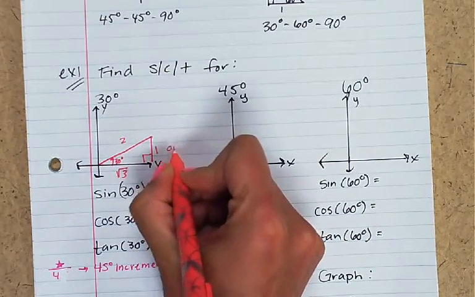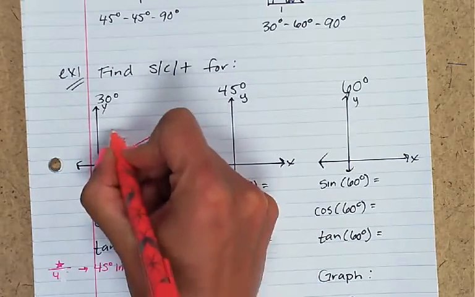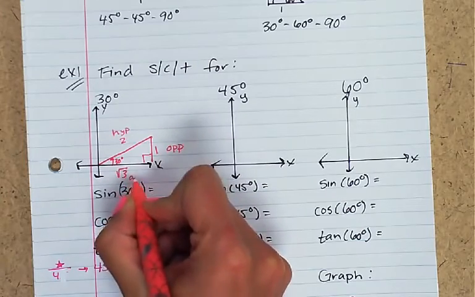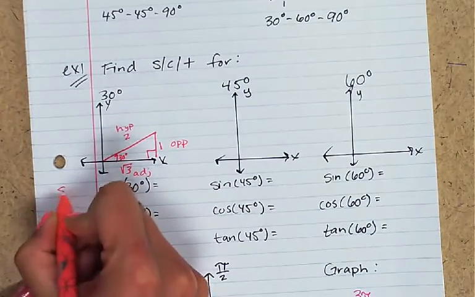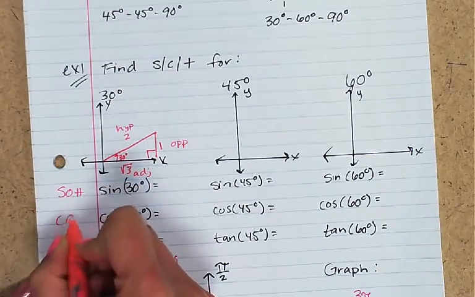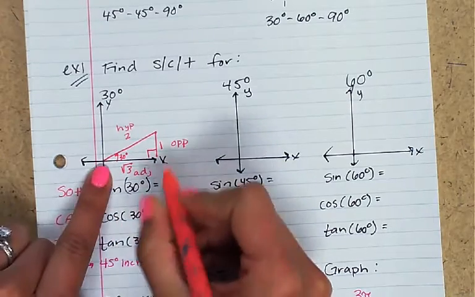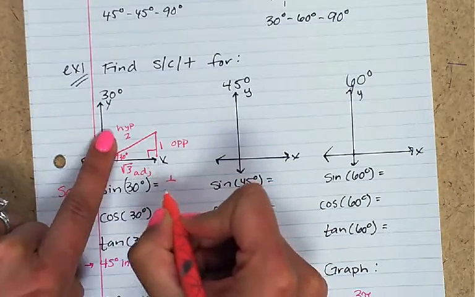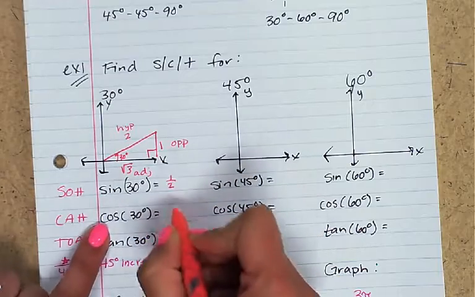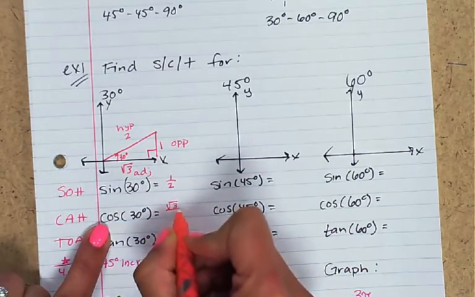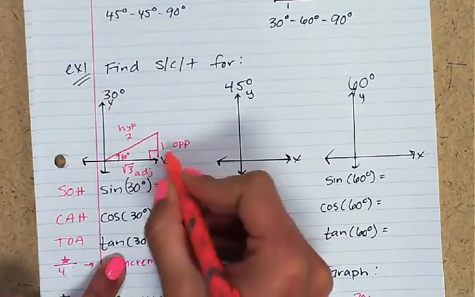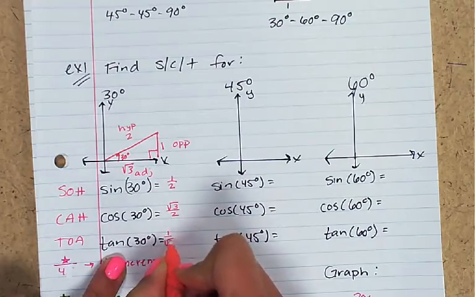So this is going to be our opposite, our hypotenuse, and our adjacent. As a reminder, SOHCAHTOA. So sine is opposite over hypotenuse, cosine is adjacent over hypotenuse, and tangent is opposite over adjacent.